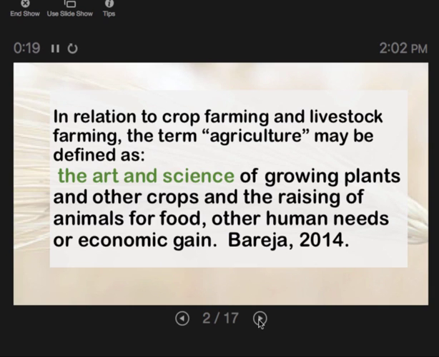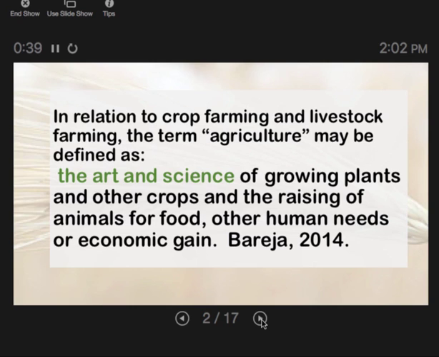So a definition by Baraja in 2014 is in relation to crop farming and livestock farming, the term agriculture may be defined as the art and science of growing plants and other crops and the raising of animals for food and other human needs or economic gain.